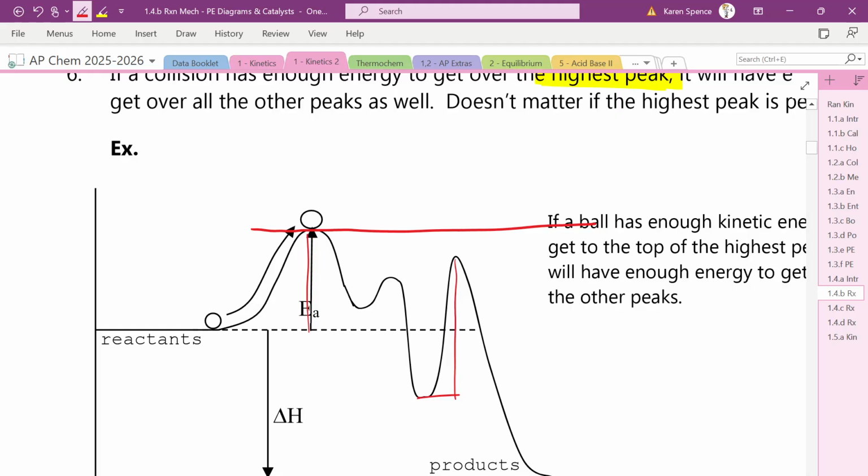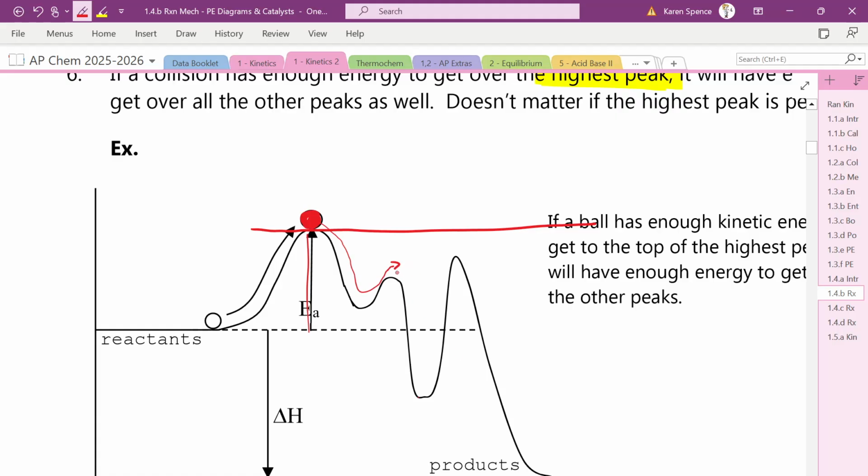That's because in a frictionless universe, if you were to roll a ball over all of those hills, and you had enough energy to get over that first hill, you'd certainly be able to get over the second hill, right?